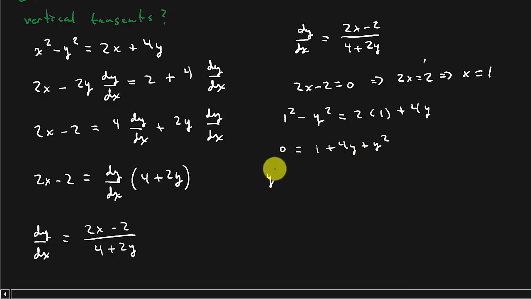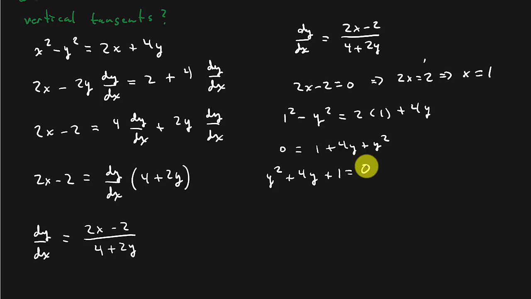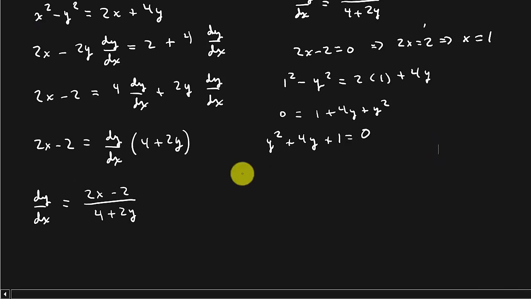So let me just write it over here. y squared plus 4y plus 1 equals 0. And so what I have now is a quadratic equation to solve. So I've got y equals negative b plus or minus the square root of b squared minus 4 times a times c, all over 2 times a.